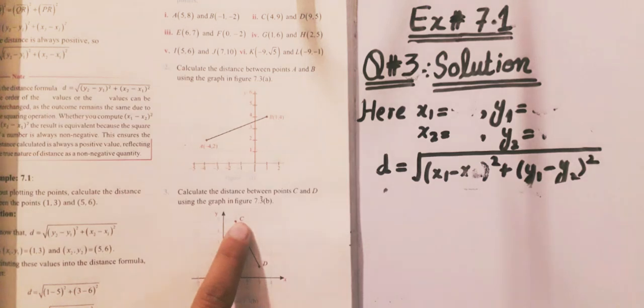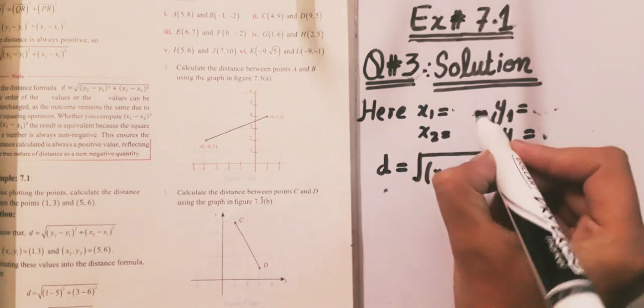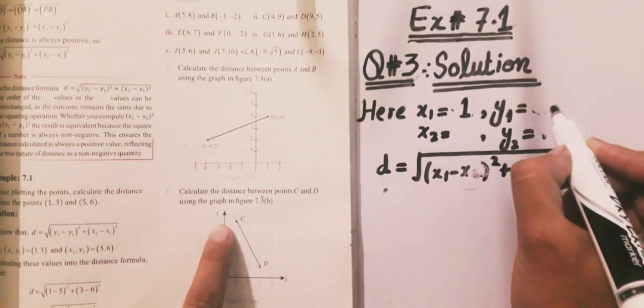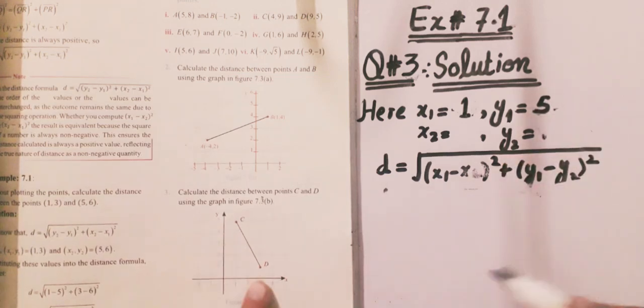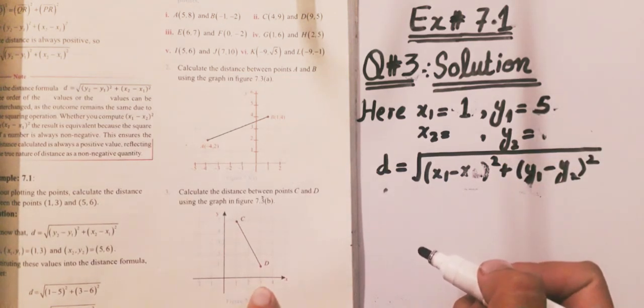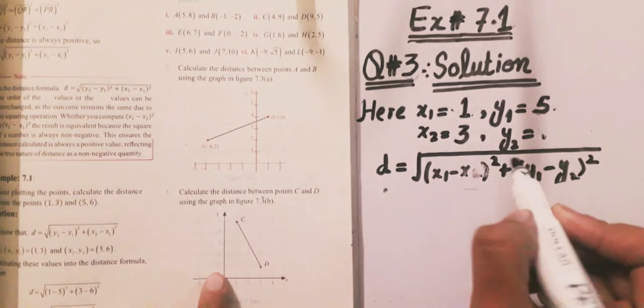Now, at point C, the value of x is 1 and y is 5. So, x1 is equal to 1 and y1 is equal to 5. Now, at point D, x2 is equal to 3 and corresponding y is equal to 1.